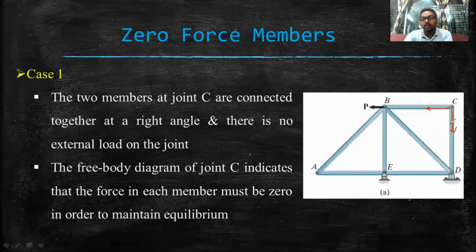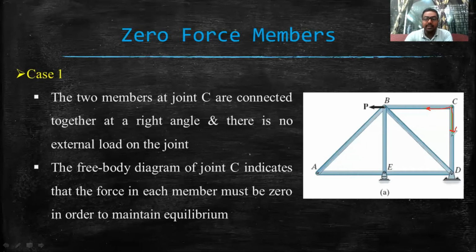what will happen? There is no other vertical force other than this member force CD. So ultimately, in order to maintain equilibrium, this member force CD must be 0, and that's why we can say that member CD is also a zero force member. So we have solved these two problems.